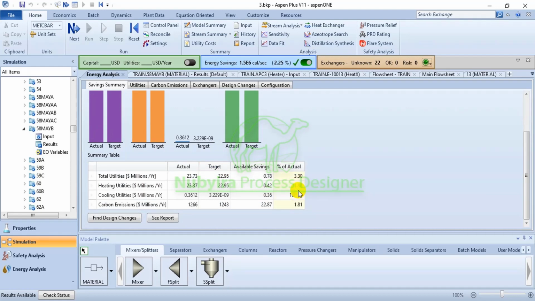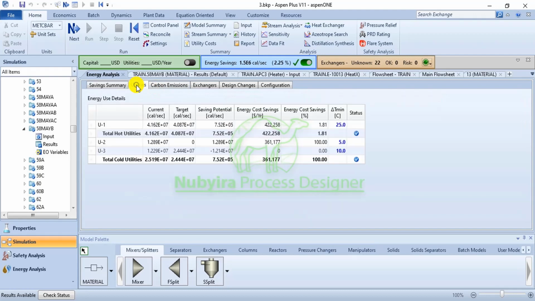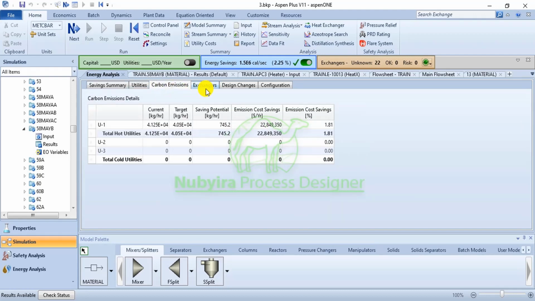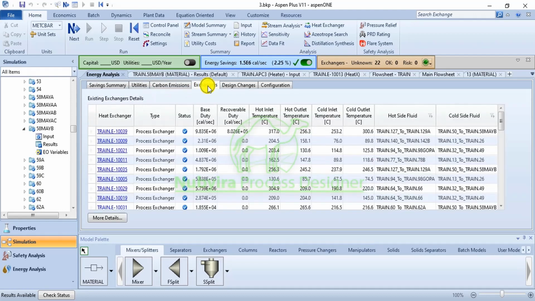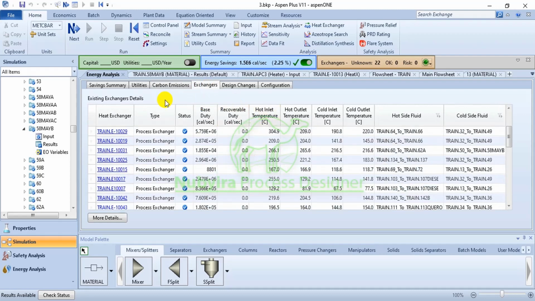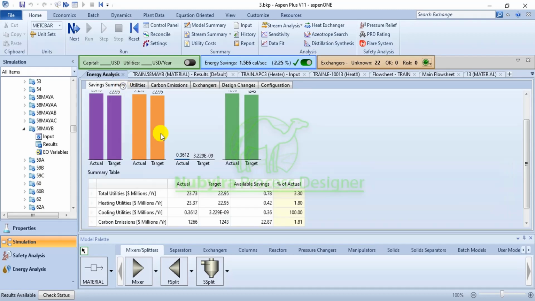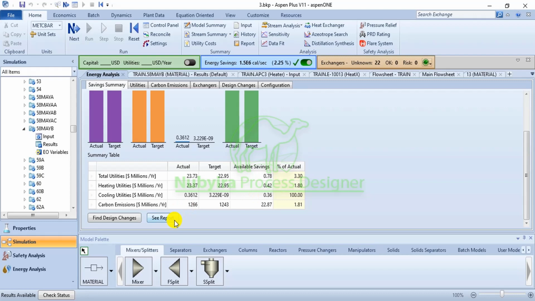You can say 1.1, 1.8, 1.83. Then the utilities, the carbon emission, and the heat exchangers are now working very fine. And you can save this in a report by generating reports on Excel for the heat exchanger network.